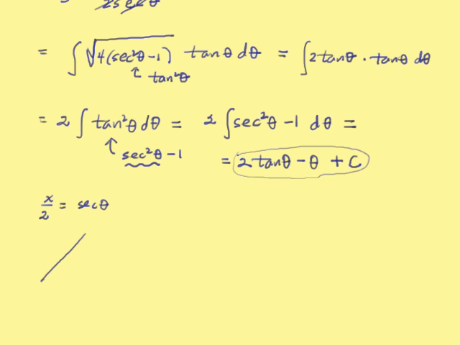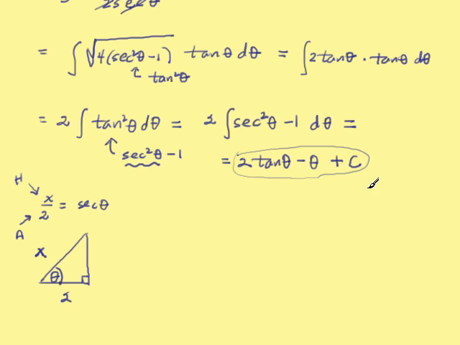All right, let's draw a triangle. Remember, secant is 1 over cosine. Cosine's adjacent over hypotenuse, so this is hypotenuse over adjacent. So if I put theta over here, I'll put x for the hypotenuse and 2 for the adjacent.